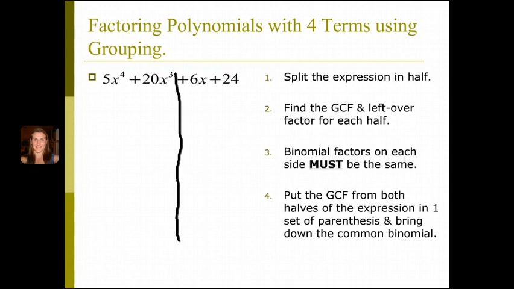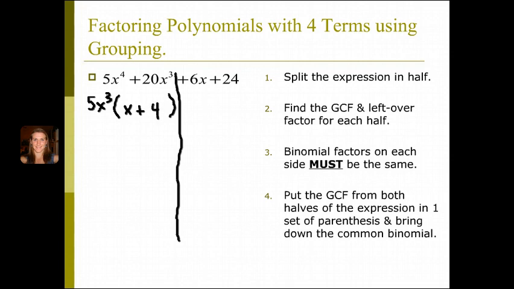Okay, so let's see what we're talking about here. We have a greatest common factor for 5x to the fourth and 20x cubed of 5x cubed, and our leftover factor is x plus 4.